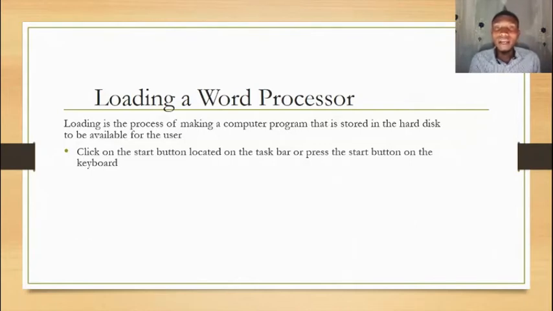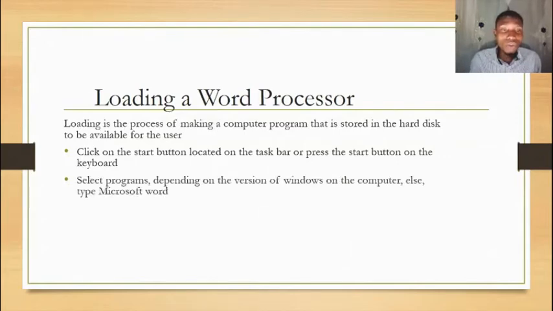Some keyboards have the start button logo on it, and it's between the control key and the alternate key. For a laptop that has the FN key, it's between the FN key and the alternate key.